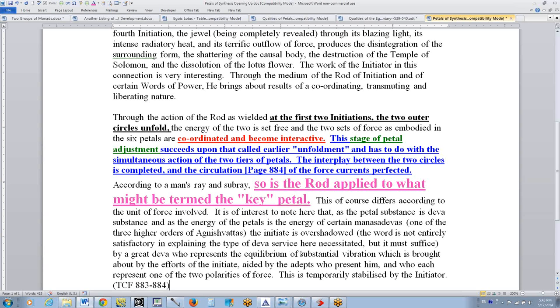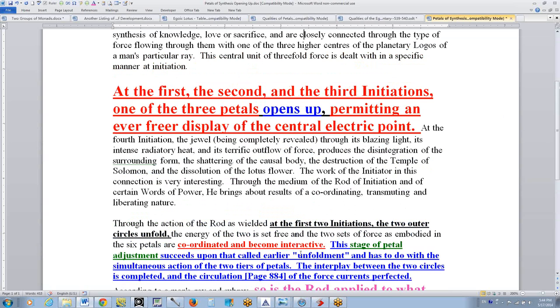The word is not entirely satisfactory in explaining the key type of Deva service here necessitated, but it must suffice, by a great Deva who represents the equilibrium of substantial vibration which is brought about by the efforts of the initiate, aided by the adepts who present him and who each represent one of the two polarities of force. Amazing thoughts, and it looks like we're going to have to go over these parts of Cosmic Fire, but I had thought that writing it out might be enough, but there might be more explanation that's needed and some elaboration.